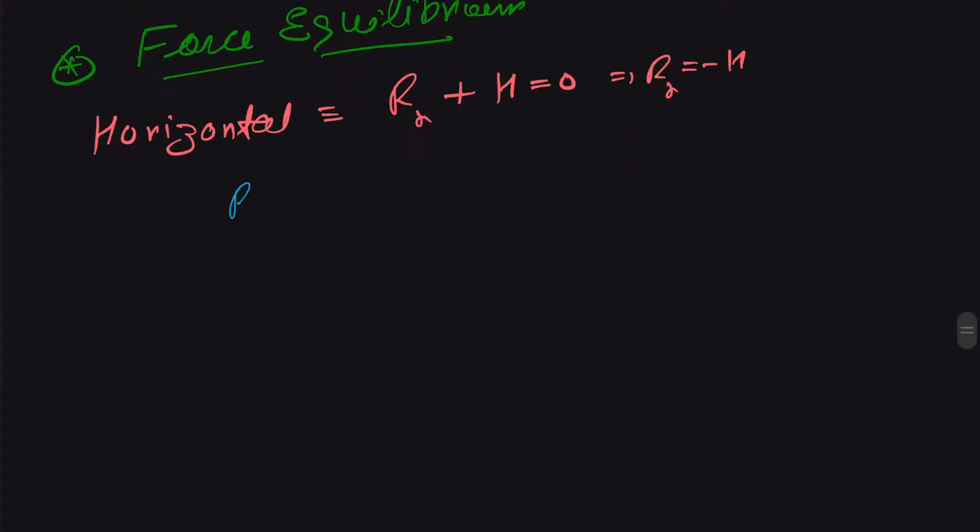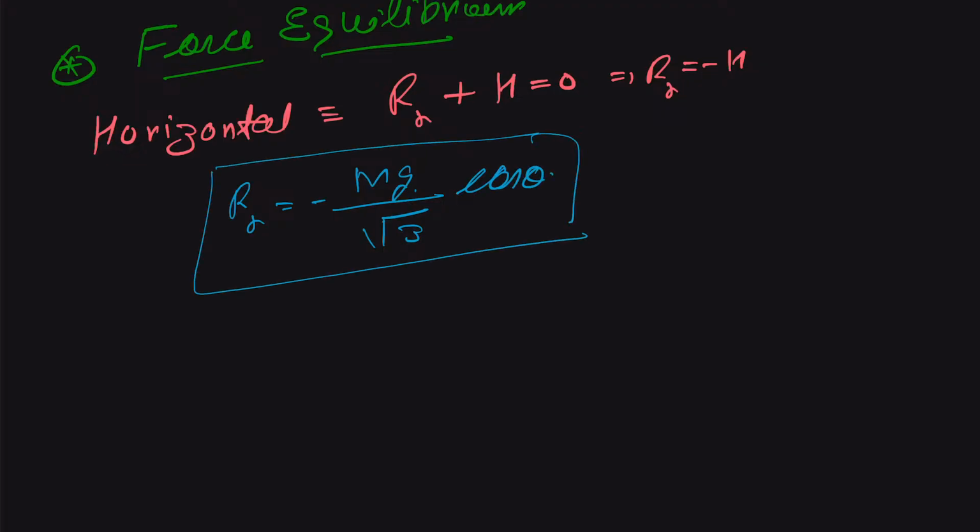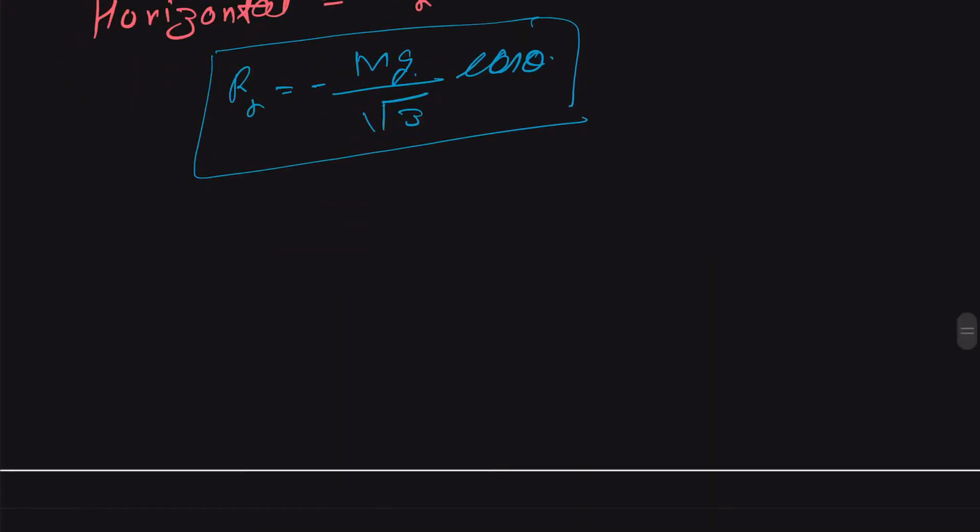Therefore R of x is equal to minus mg by 3 cot of theta. So this is the x component of the reaction.